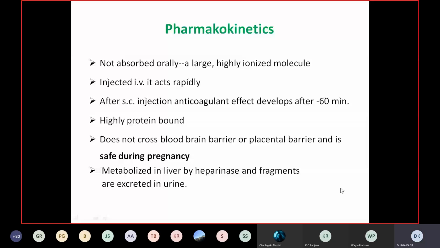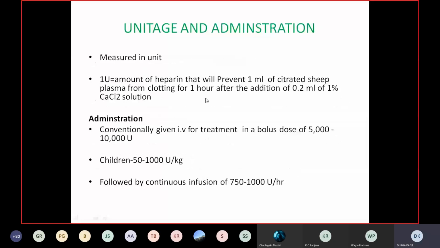So let's see the unitage and administration. How is heparin given, in what unit? It is measured in units, not in milligrams or grams. This heparin is always given in units. 1 unit means the amount of heparin that will prevent 1 ml of citrated plasma from clotting for 1 hour.